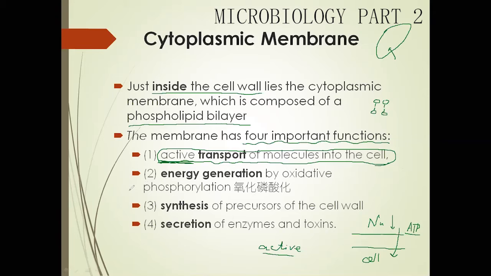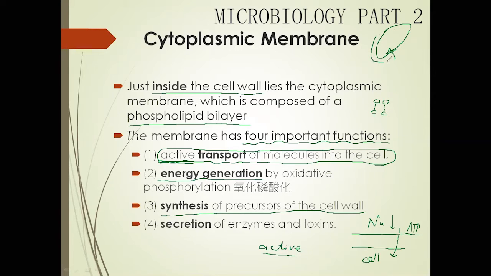And also they can generate some energy. They use some energy, and the cell membrane has the function to generate some energy. So that's the second function there. And also they can form the cell wall. So they maintain and form the cell wall.